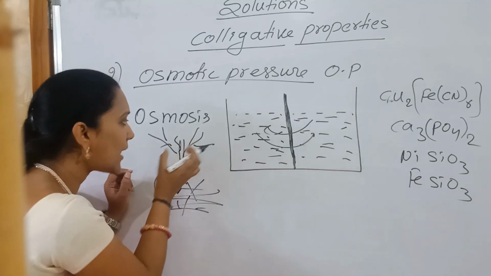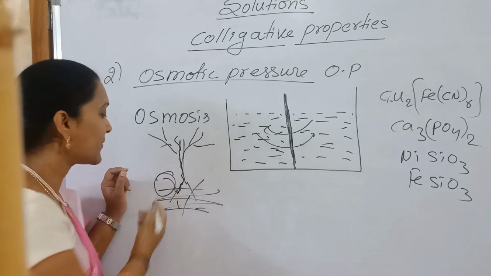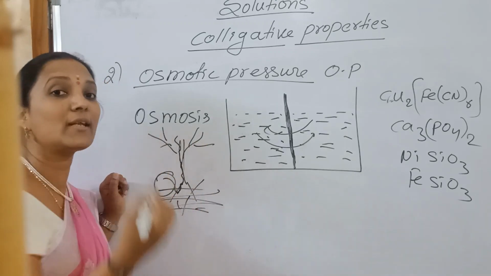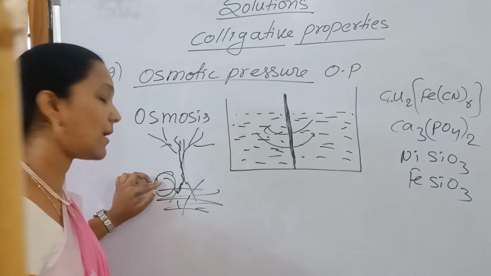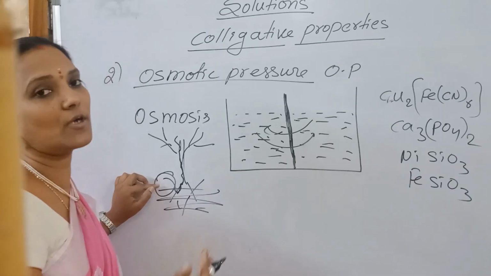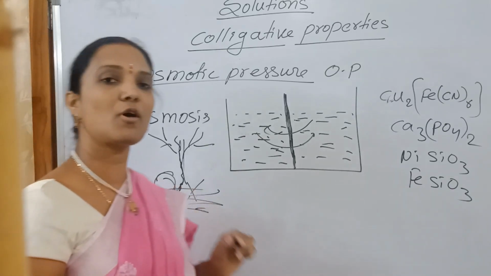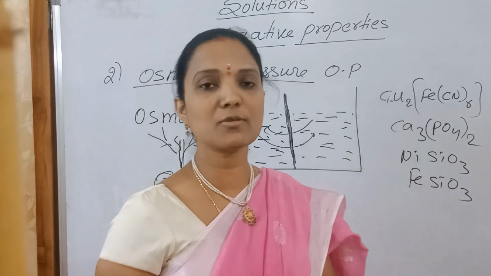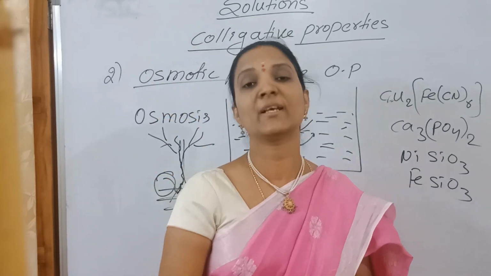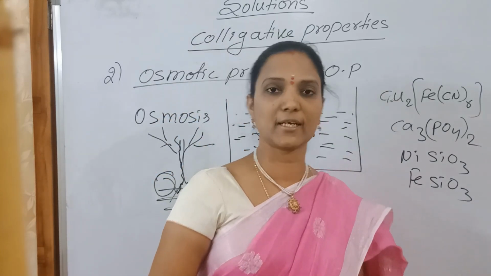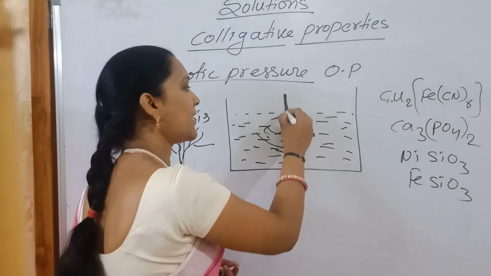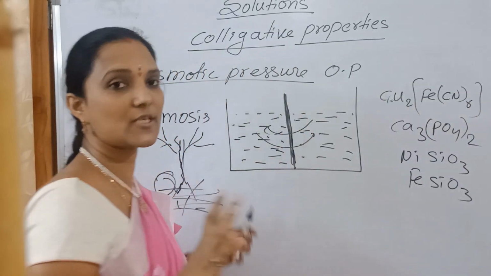Water does not come out of the plant; water enters inside. Water flows from dilute solution to concentrated solution. So the flow of solvent from dilute solution to concentrated solution through a semi-permeable membrane is called osmosis.